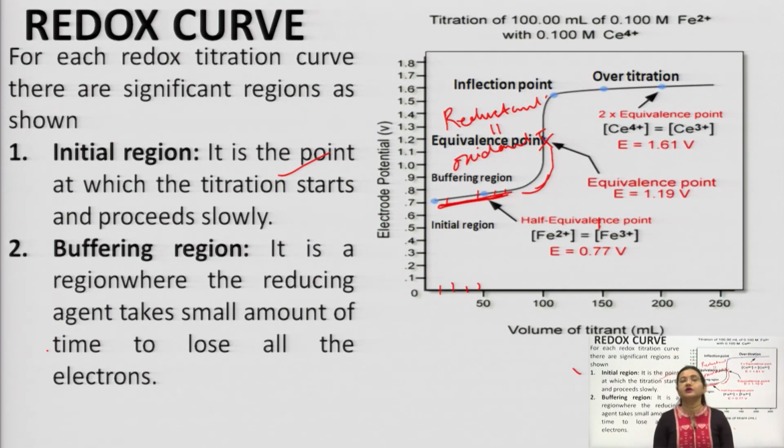When we get to know a redox curve, which I have shown here, a redox curve is a curve between the volume of titrant which is added from the burette and the redox potential or oxidation potential. So, when we monitor a redox reaction with the help of a redox curve, by monitoring the electrode potential or redox potential of that particular reaction, then we will get this particular curve which is sigmoid in shape.